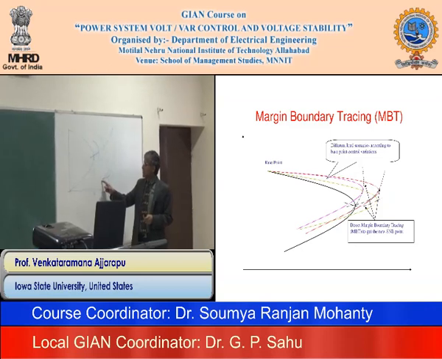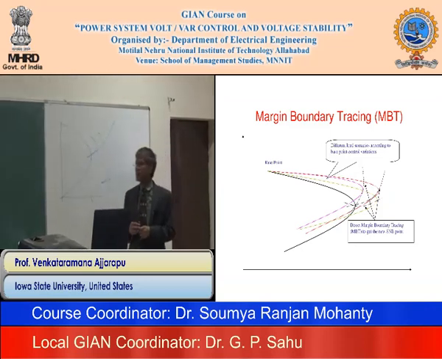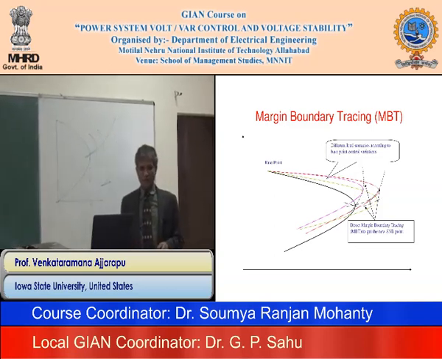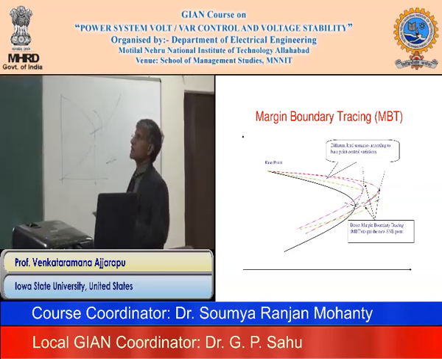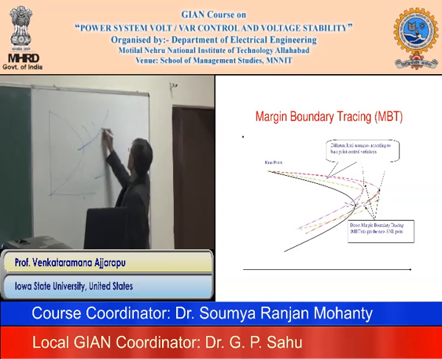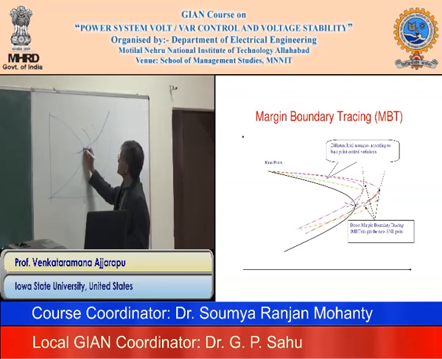So it's local sensitivity information it gives. Now we want a complete path. How can I follow that path? So we defined, this is the margin boundary. So you have one point.